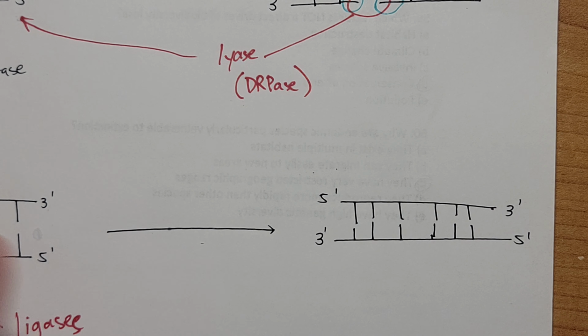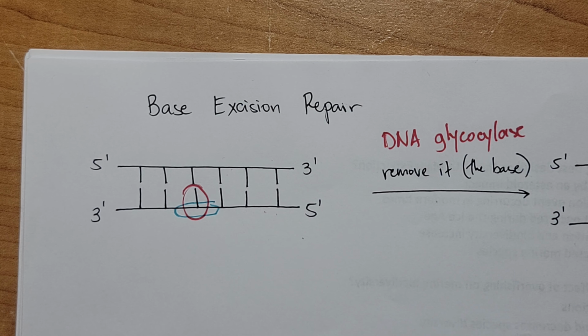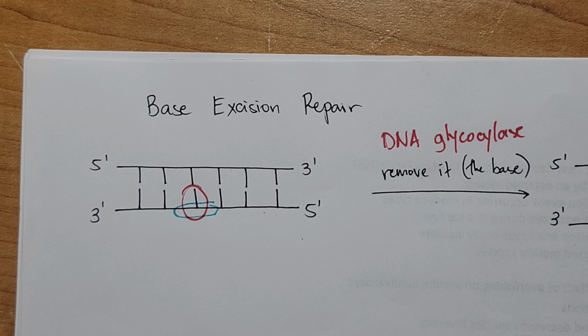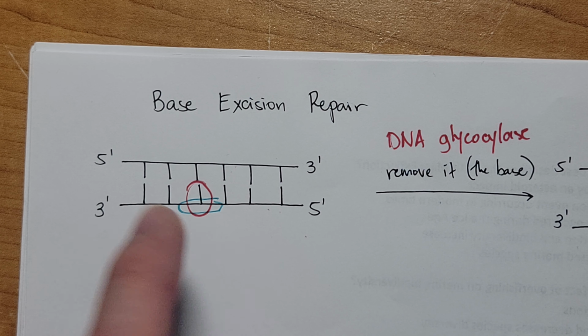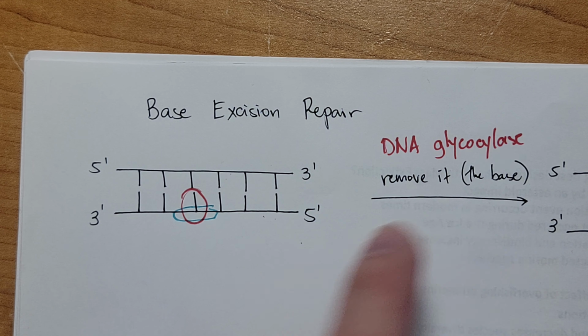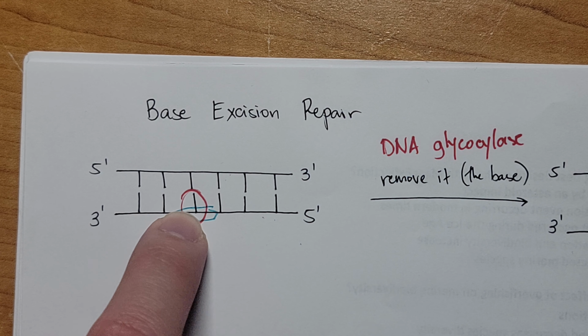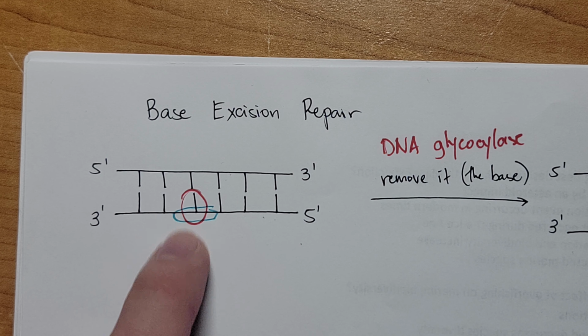Let me try to summarize what base excision repair is again. First, let's say DNA was damaged. There would be a wrong base somewhere around here. Now this wrong base will be recognized by DNA glycosylase, which will remove specifically just that base, but not the phosphate backbone.